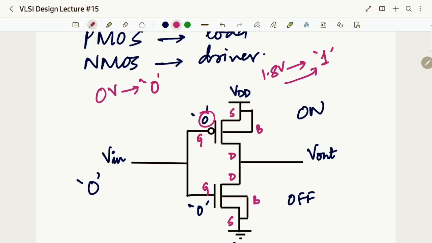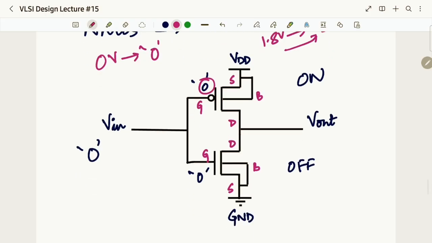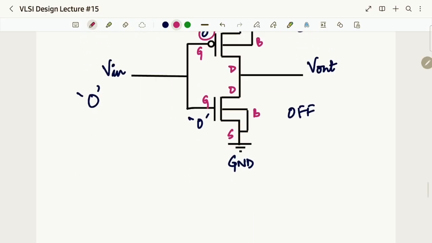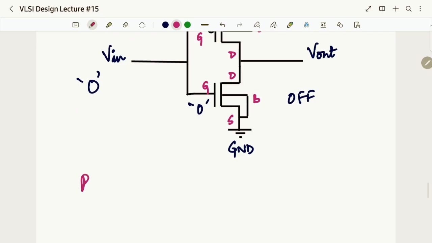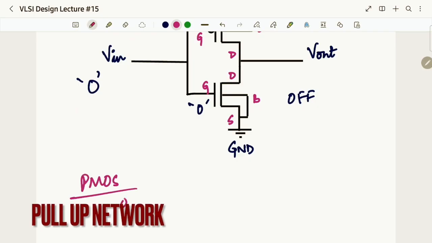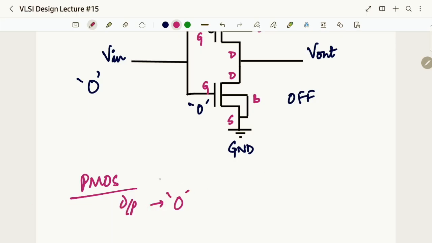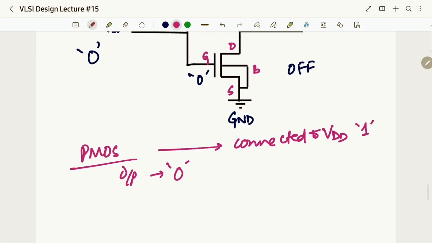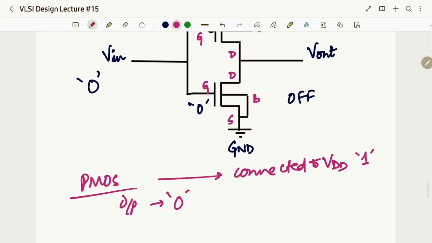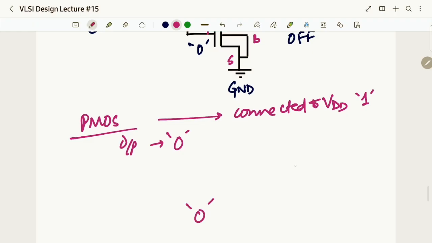So what will PMOS do? Input at PMOS is logic 0, and PMOS is connected to VDD, which is logic 1. So what will PMOS do? Okay, so logic 0 is here and logic 1 is here.